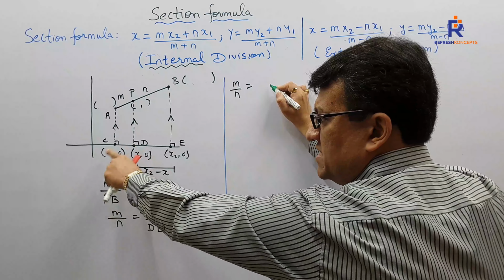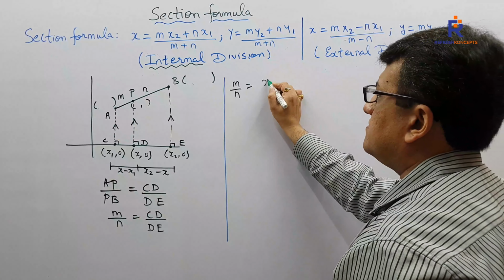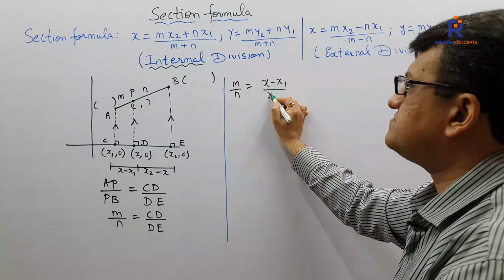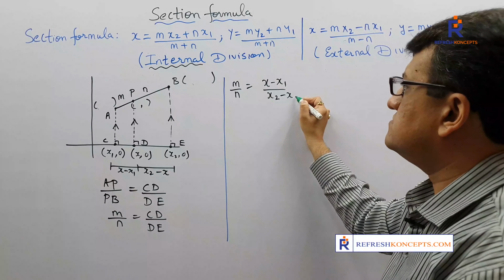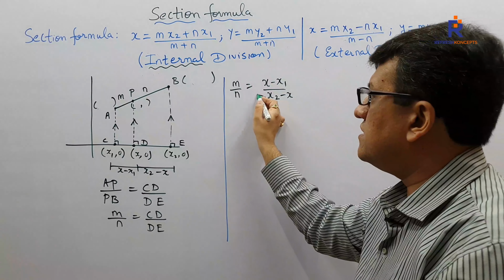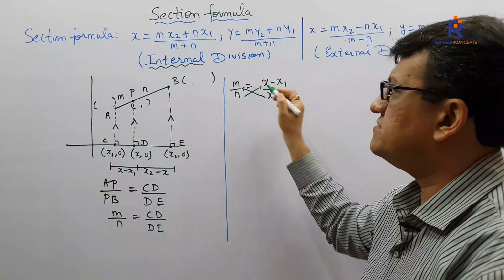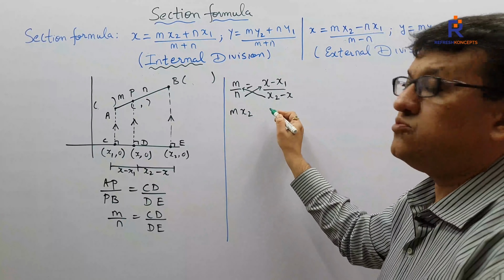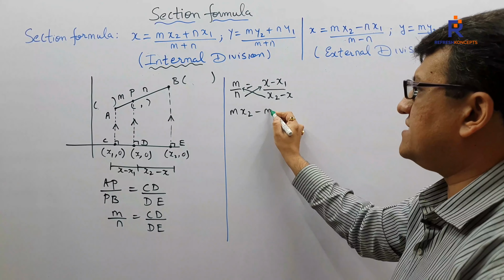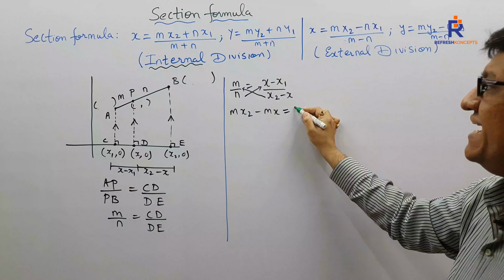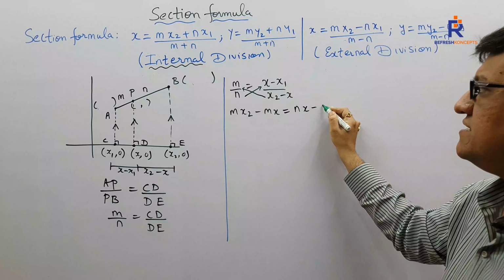We got to know CD is nothing but x minus x1. How much is x2 minus x? Agreed? Can you go for cross multiplication? mx2 minus mx is equal to nx minus nx1.